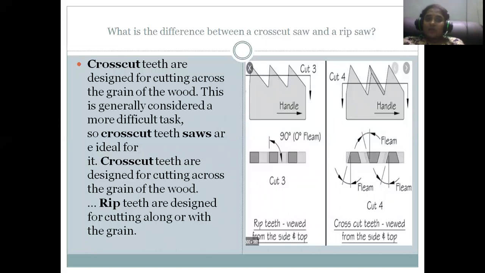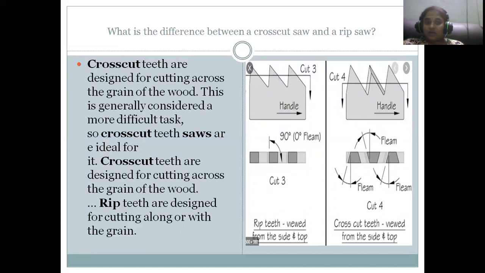And he may also ask you what is the difference between a crosscut saw and a rip saw. Okay, there are two types of saws. He may ask you what two types of saws are available. So you have to say crosscut saw and rip saw. Then he may ask you what is the difference between a crosscut saw and a rip saw. So crosscut saw teeth are designed for cutting across the grain of the wood.